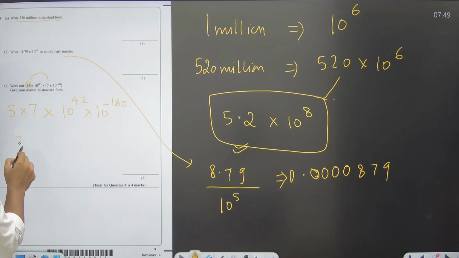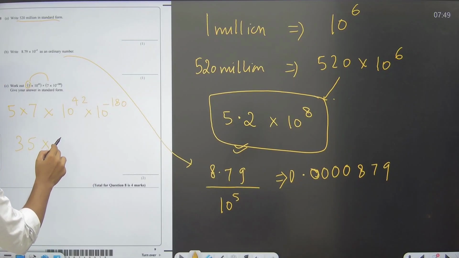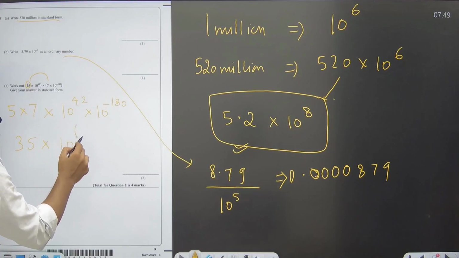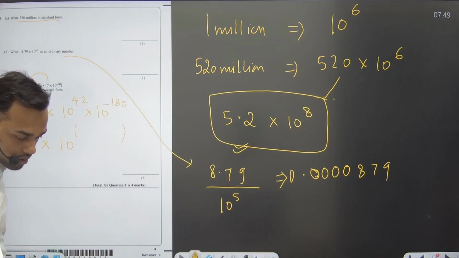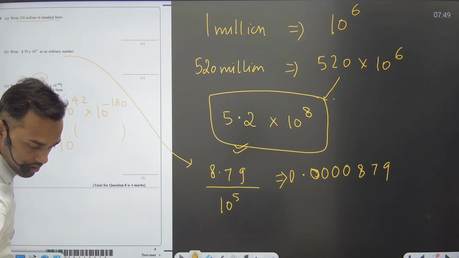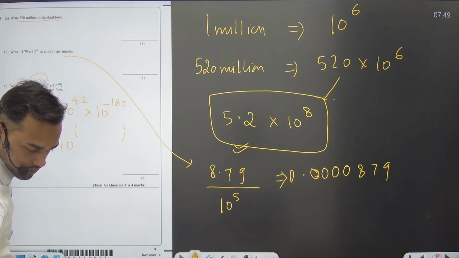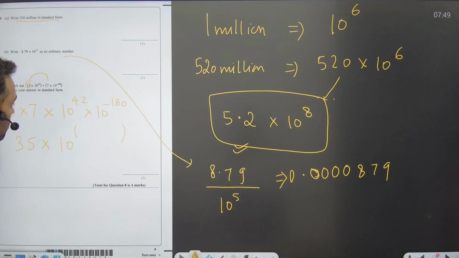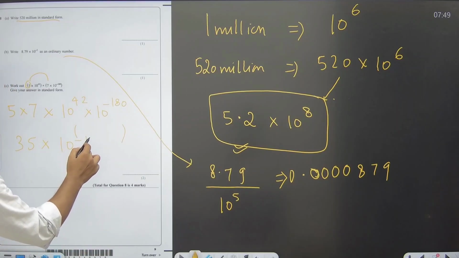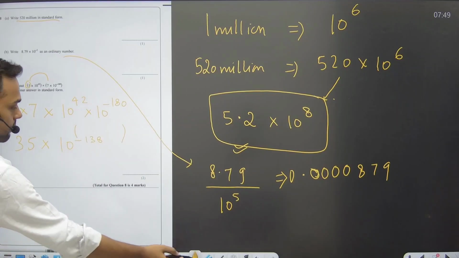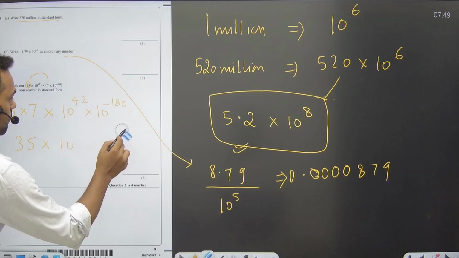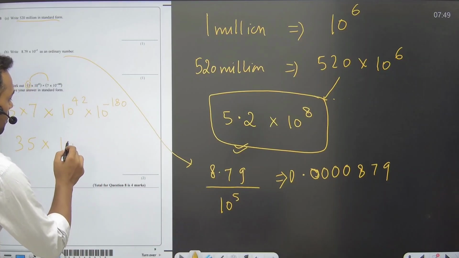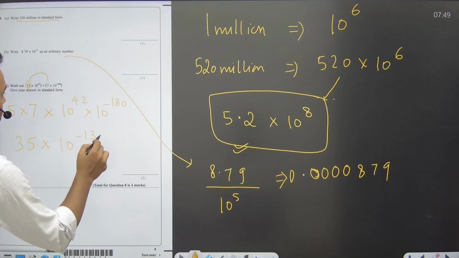Here you will get 35 cross 10 to the power, subtract this value, you will get 180 negative of 42. I am applying the laws of exponents here, students, so you will get 10 to the power negative of 138.